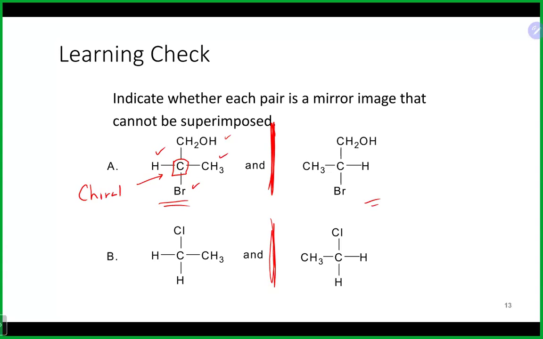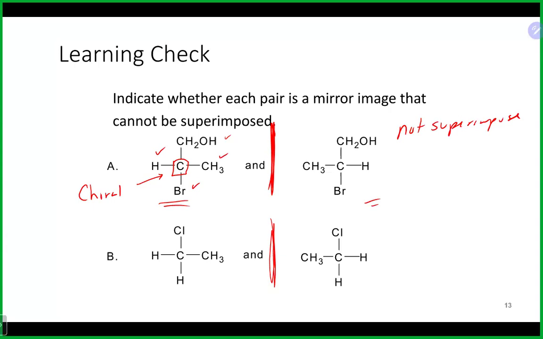And once again, since it is a compound that has a chirocarbon, this would be a chiral molecule. And that would mean that its mirror image would not superimpose. But not to confuse anybody, to answer the question, the answer would be yes for that because they cannot superimpose, because that was the question that was asked in this case.